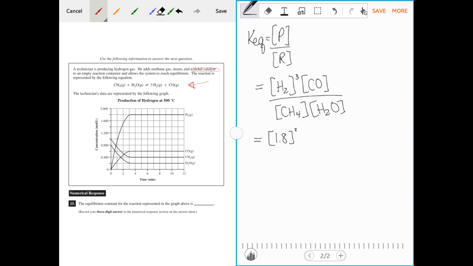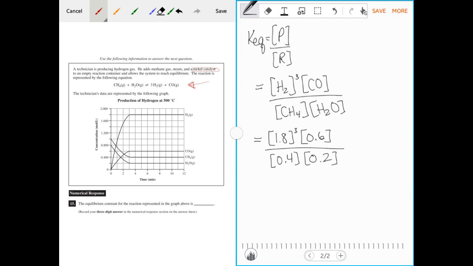And don't forget that we're cubing it. We have it to the exponent of 3. Okay, my carbon monoxide is at equilibrium. If we go over to the left, it's 0.6. And methane is 0.4. And our water vapor is at 0.2.